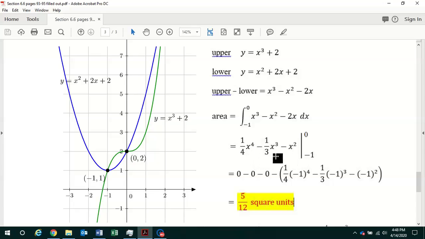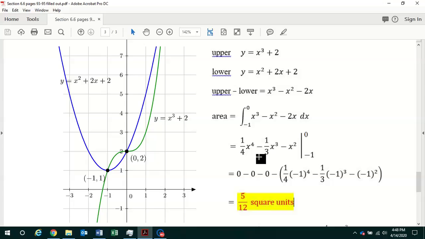So we end up with 0 minus 0 minus 0, which we have right here. And then we subtract and put in the lower limit of integration. Because there are 3 terms here, we've got to put those 3 terms inside parentheses, or we'll only change the sign of the first term and not the second and third terms.